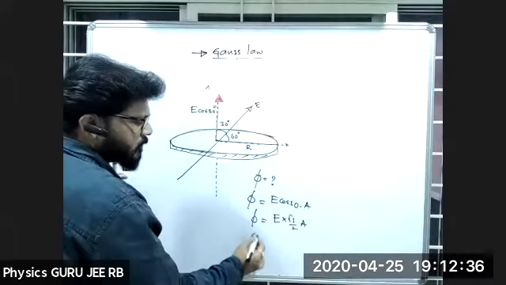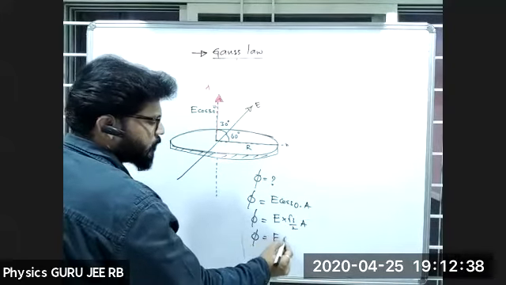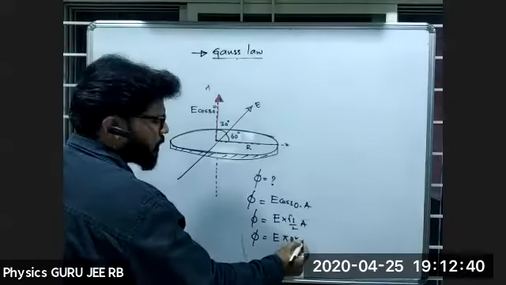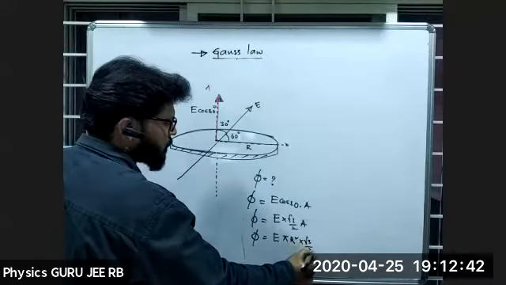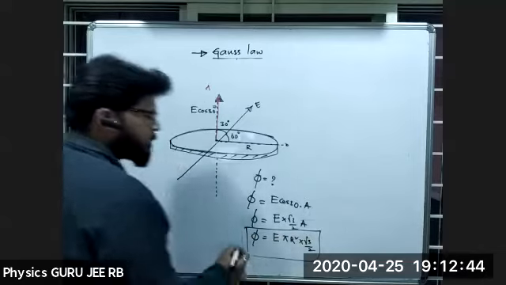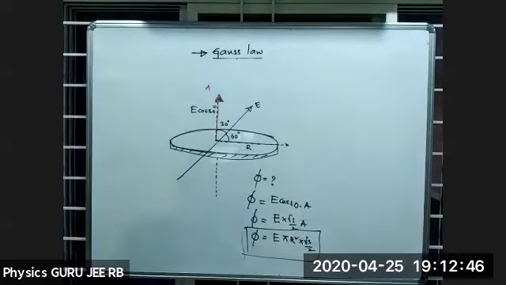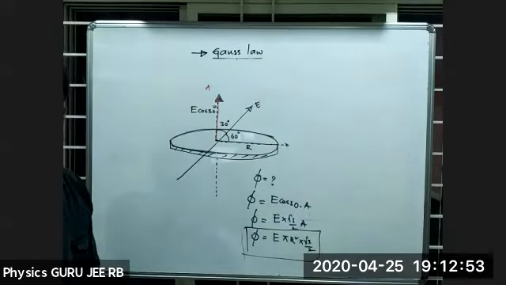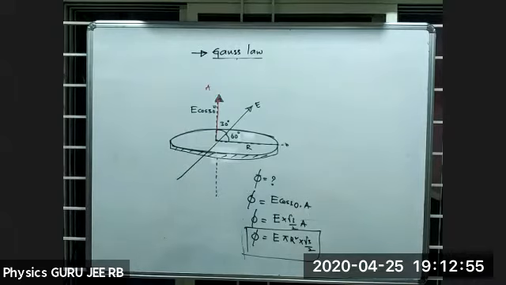Area is pi r square. So flux is equal to E into pi r square into root 3 by 2. That's all. It's nothing but flux. Is it clear? Okay, take it down. Done?